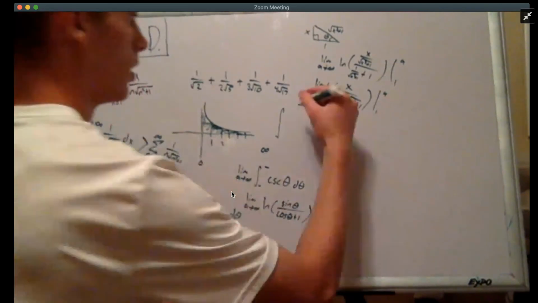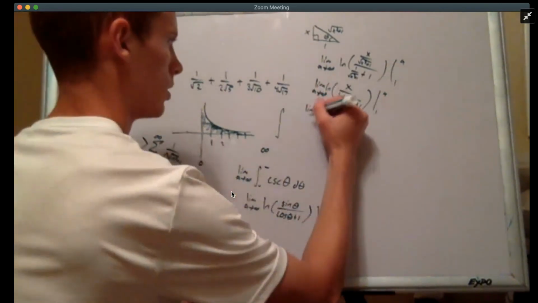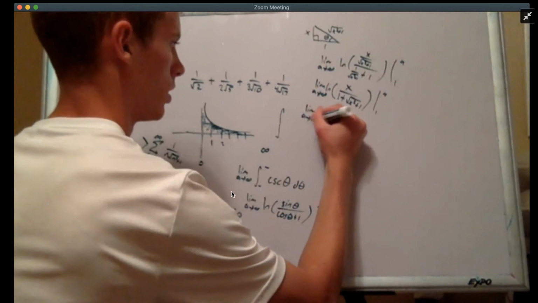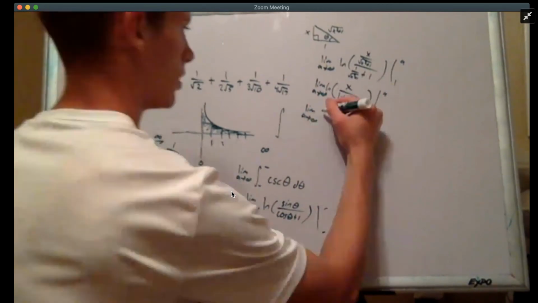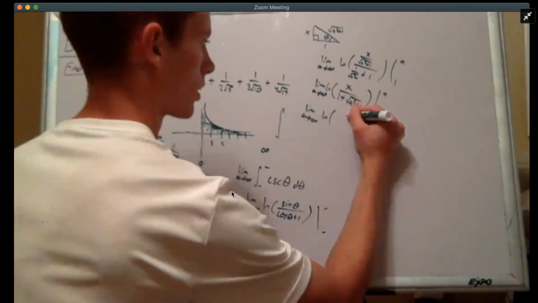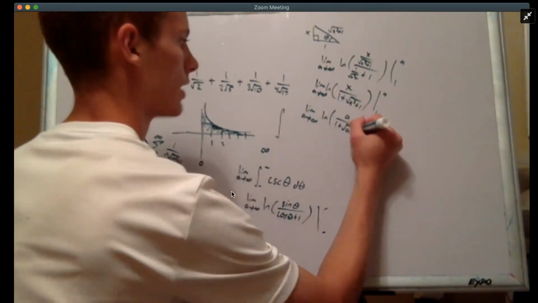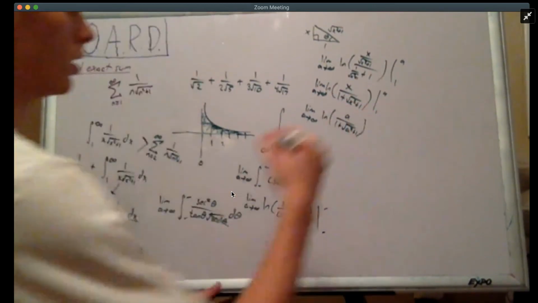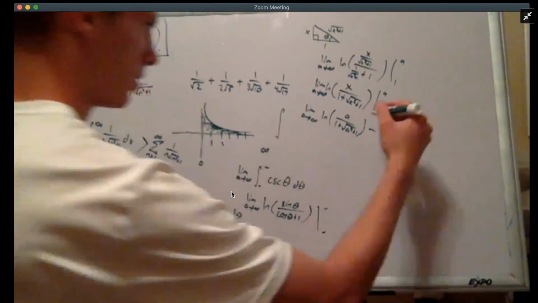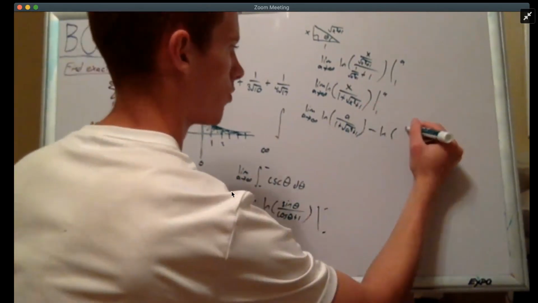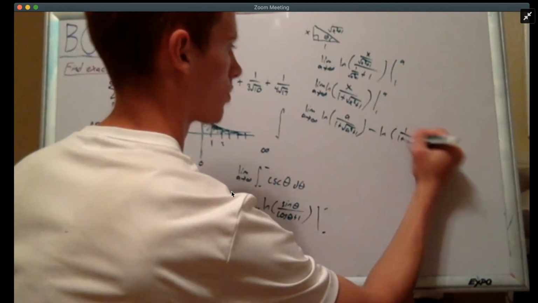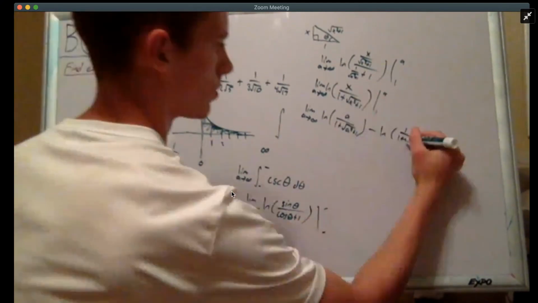Okay, so if we plug everything in, natural log of a over 1 plus square root of a squared plus 1 minus natural log of 1 over 1 plus, it's going to be root 2.